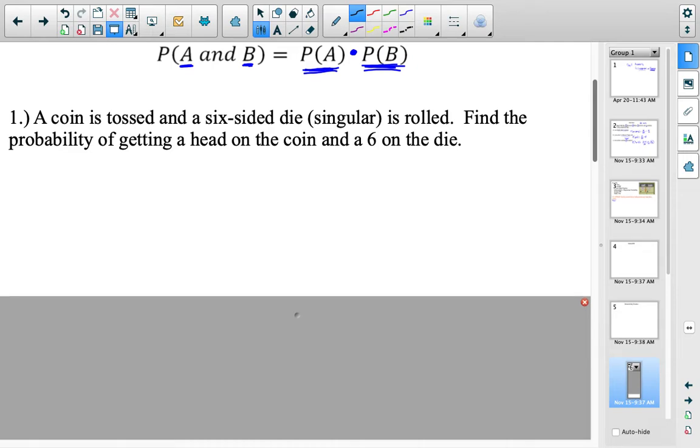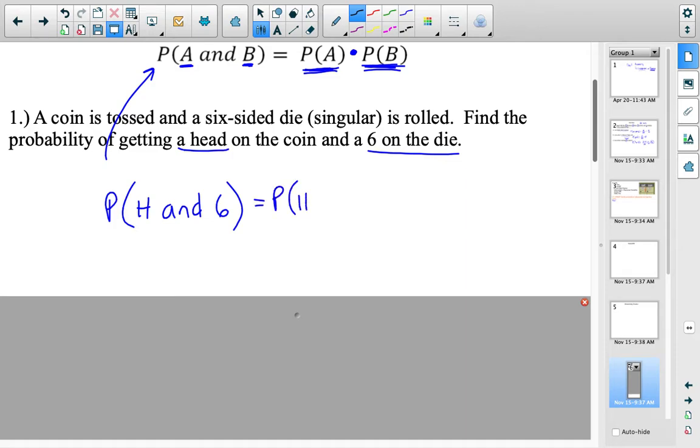Okay, a coin is tossed and a 6-sided die is rolled. Find the probability of getting a head on the coin and a 6 on the die. So if we use our formula, we got probability of a head and a 6. We know from right above here, if I look back up there, that's the probability of getting a head times the probability of getting 6.